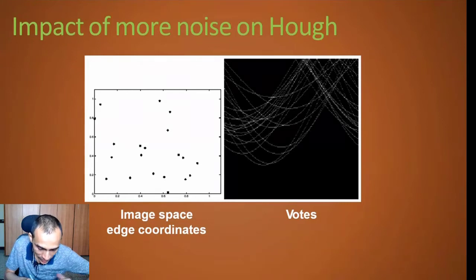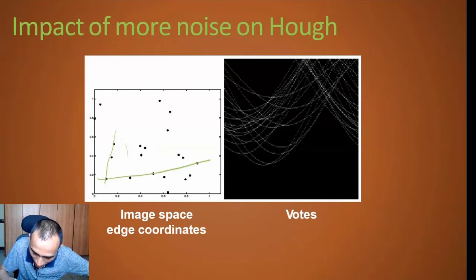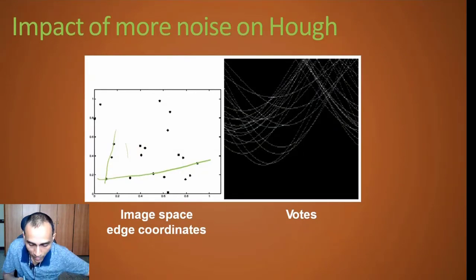But if the noise is totally haywire, not Gaussian noise, then of course there is actually no straight line here, unless maybe a few points form a line. So you will have random votes, and it will probably be very difficult to pick out a distinct peak.